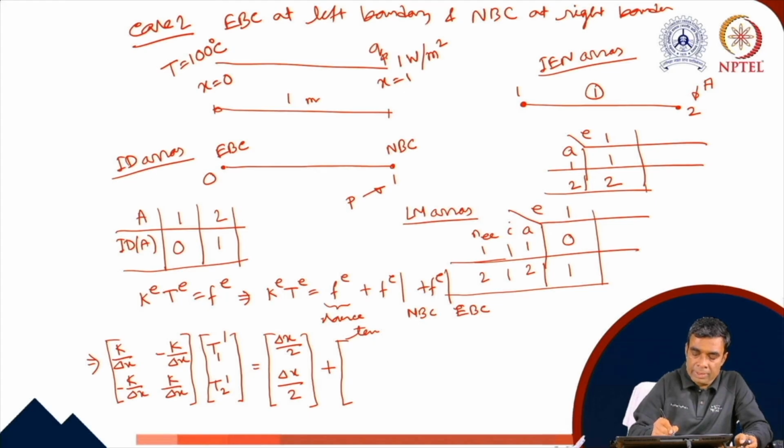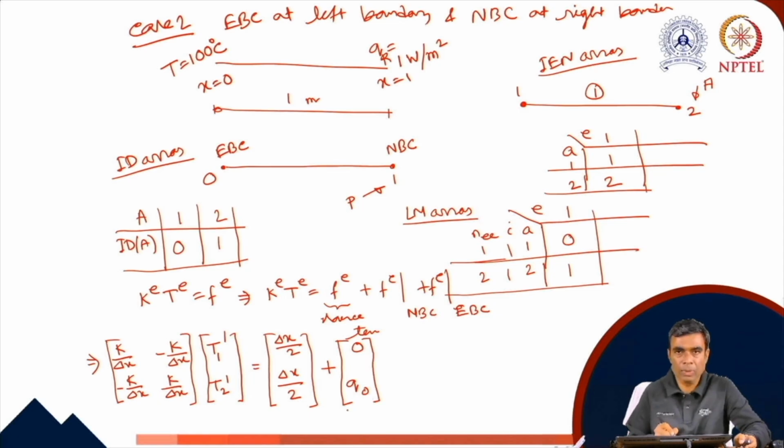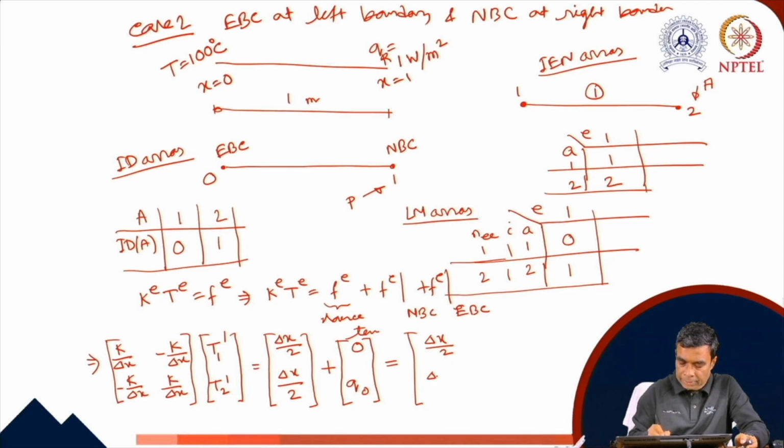So this is Q right equals 1 watt per meter square, so 0 plus Q0. Now the essential boundary condition part will be shifted from the left side to the right side. So this portion is written as delta x by 2 and delta x by 2 plus Q0.